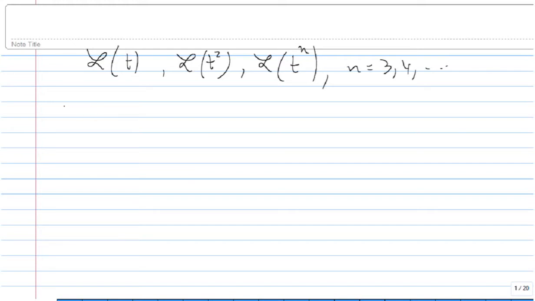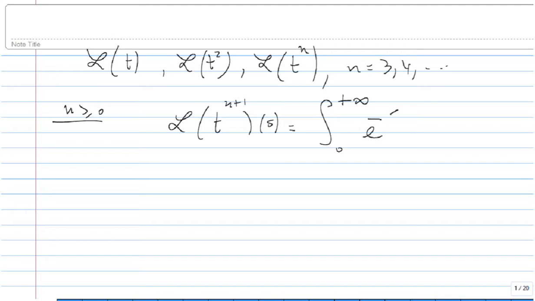So here we take n greater or equal to 0, and we look at the Laplace of t^(n+1) at s. By definition this is the integral from 0 to plus infinity of e^(-st) t^(n+1) dt.